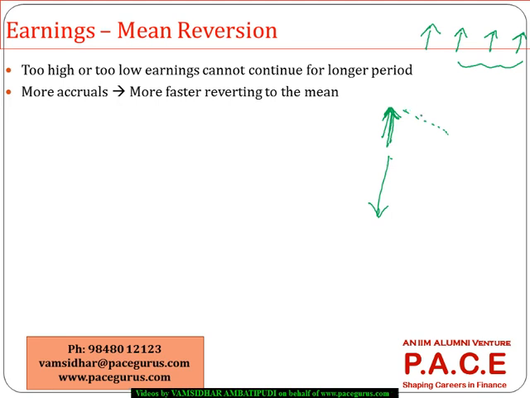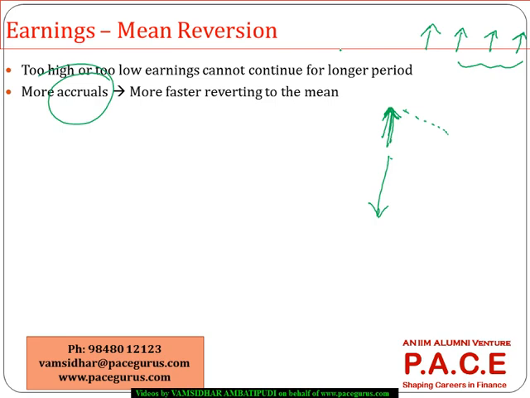What we see is, if the accrual ratio is very high, the mean reversion is much faster, and vice versa. So that is one more thing we can link with accruals.